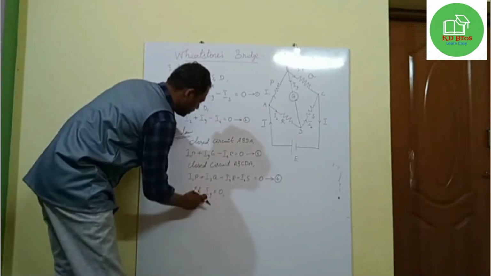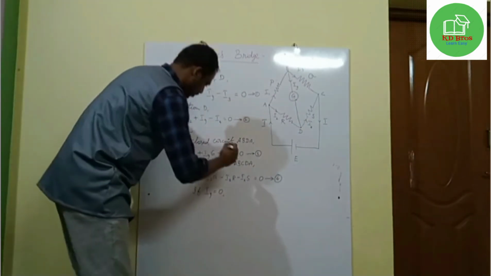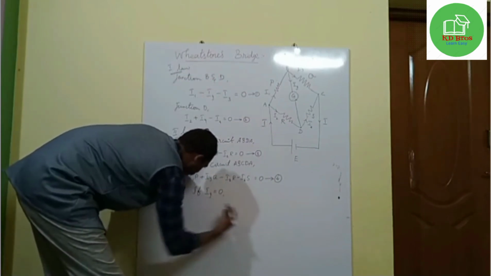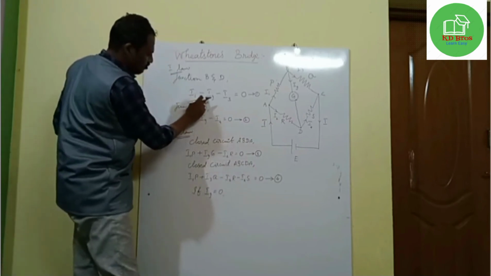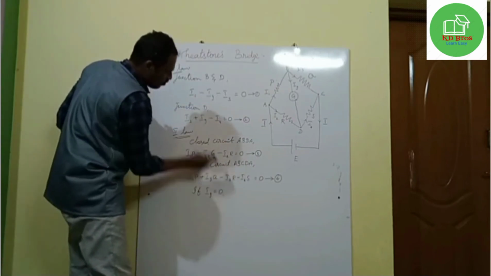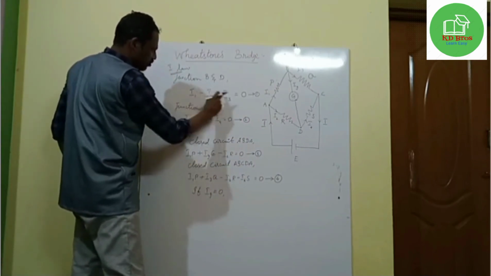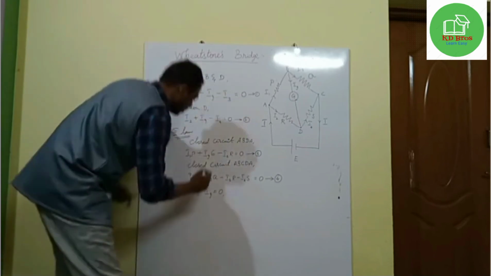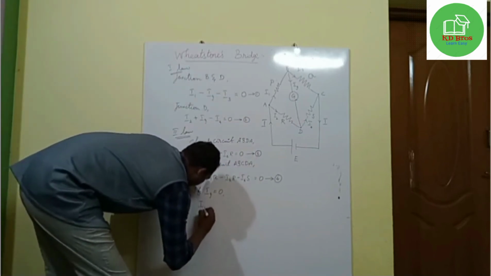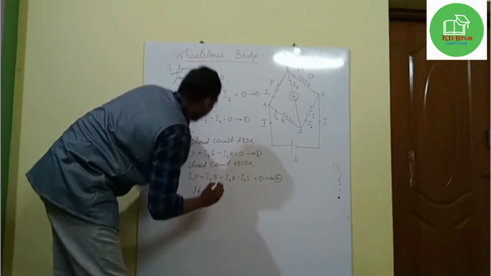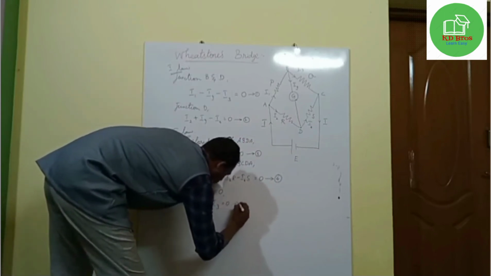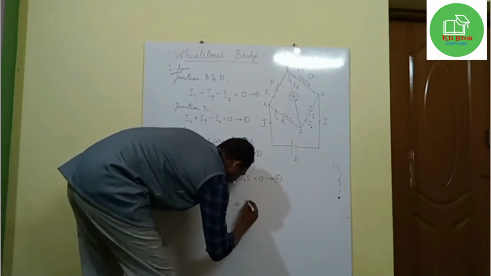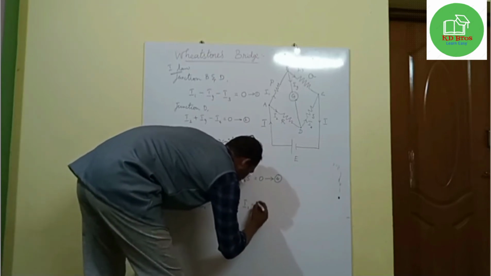For example, when you substitute Ig equal to 0, what will be the first equation? The first equation becomes I1 minus I3 which is equal to 0, which implies I1 is equal to I3.